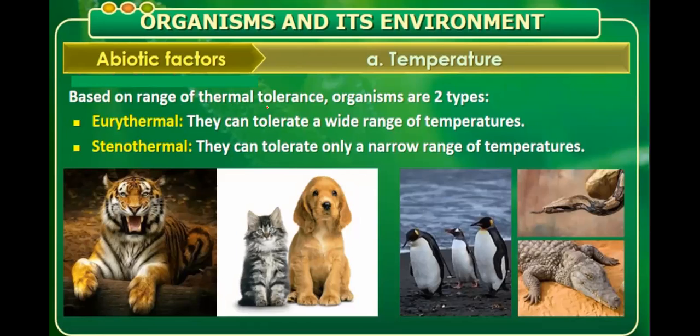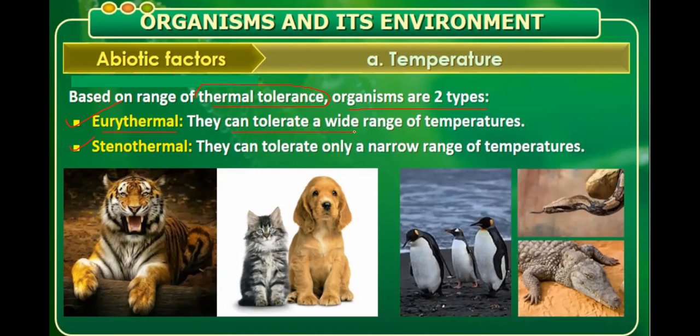Based on the range of thermal tolerance, organisms are of two types. There are two types of organisms based on the range of thermal tolerance: how much temperature variation these animals can tolerate. So there are two types of animals, eurythermal and stenothermal. Now what do you mean by eurythermal?